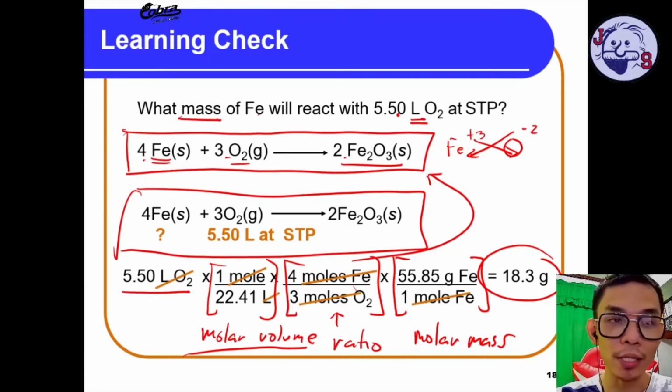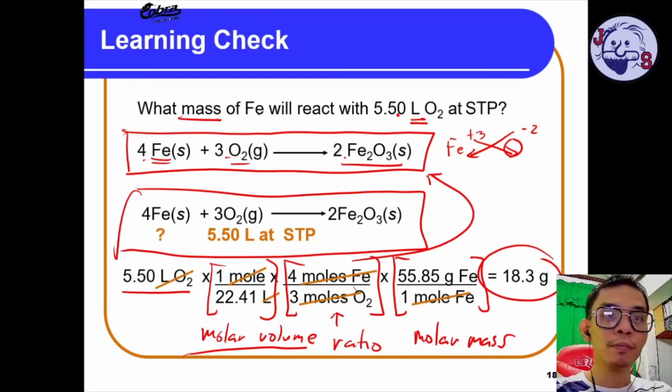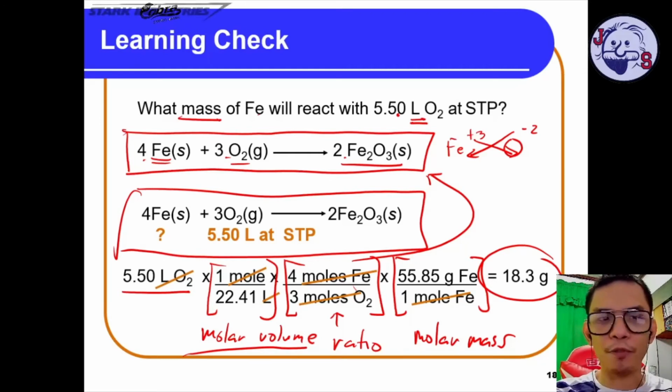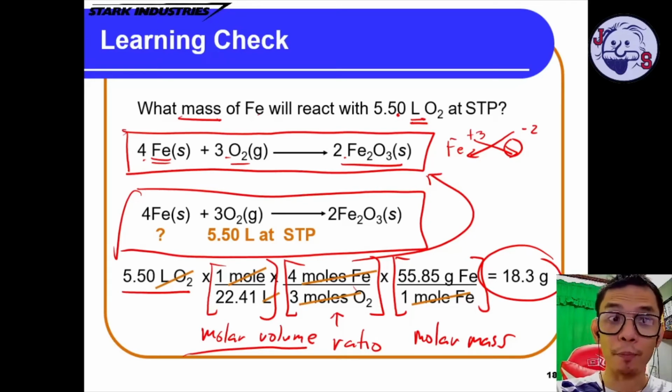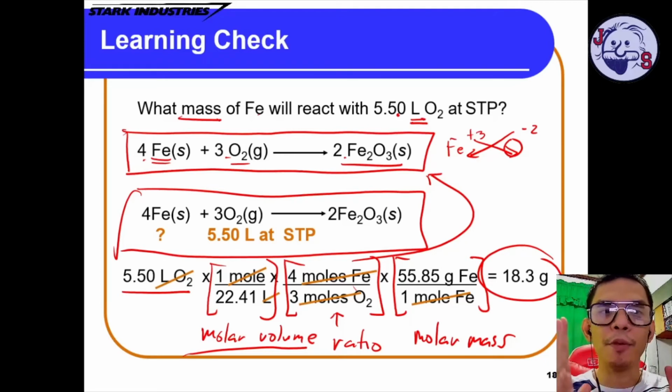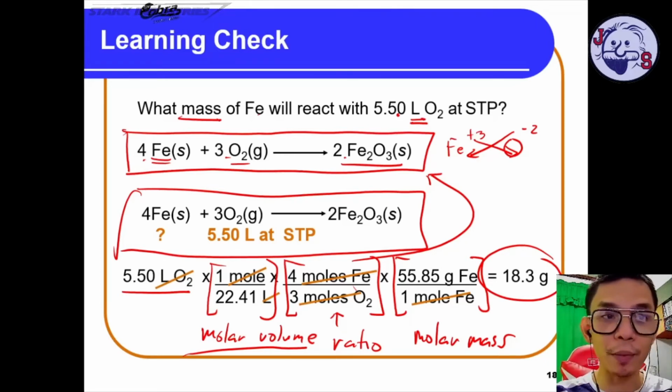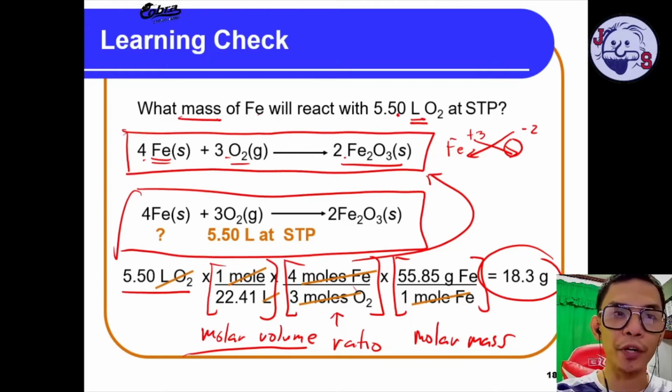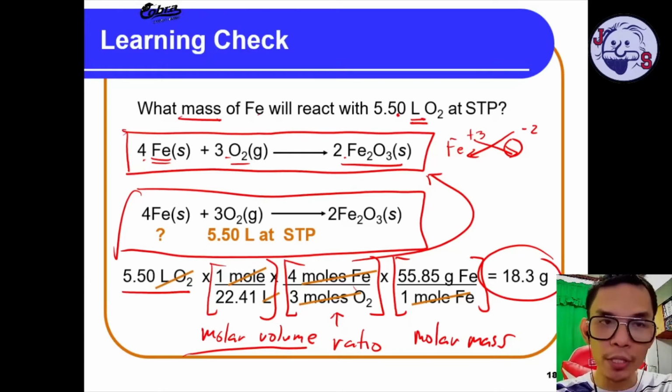That was the molar volume in gas stoichiometry. Before we go to more sample problems, always remember, before you go to a certain process, you need to convert mass to moles, and respectively, you need to convert liters to moles.